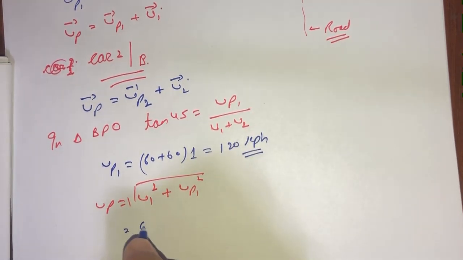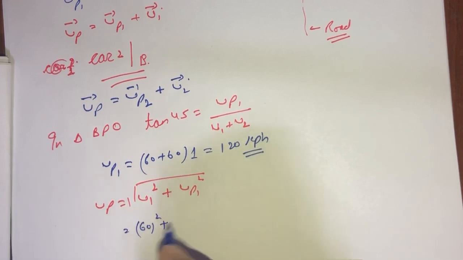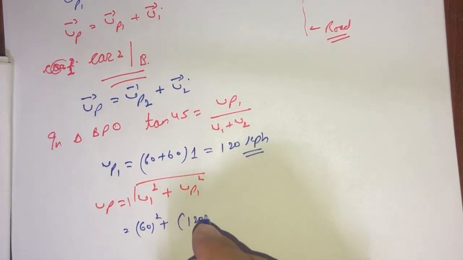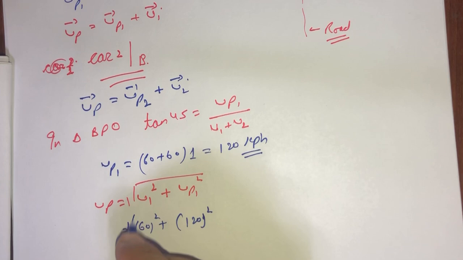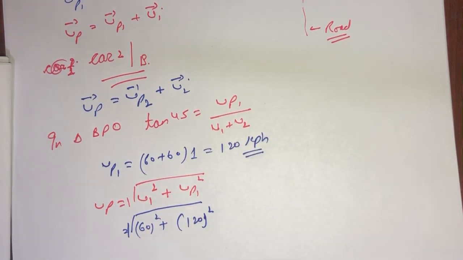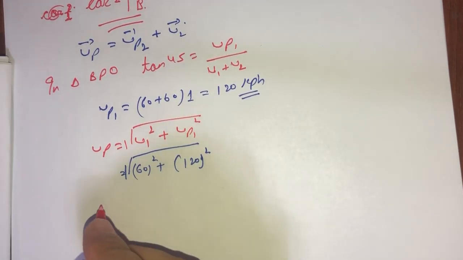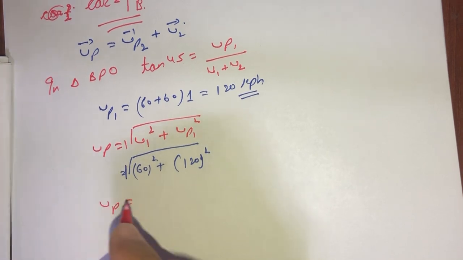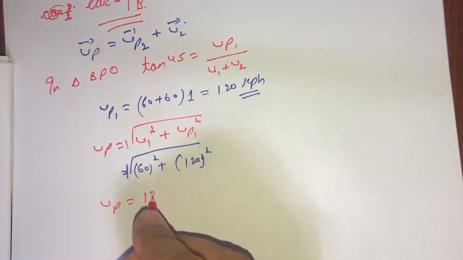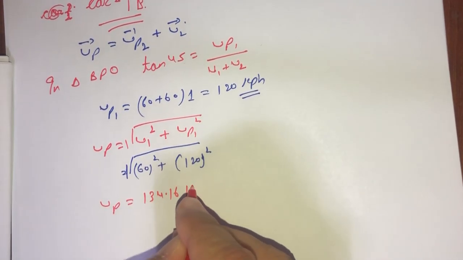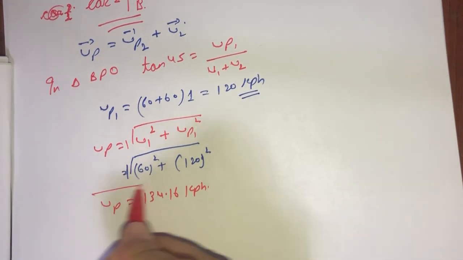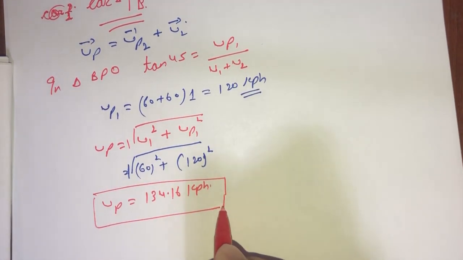So this will be equal to the square root of 60 square plus 120 square. So we can find out the velocity of the plane Vp. This will be coming as 134.16 km per hour.